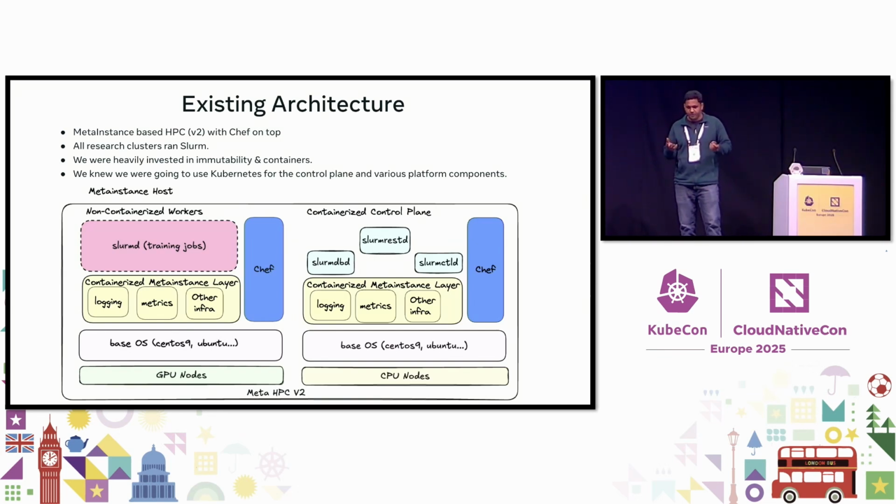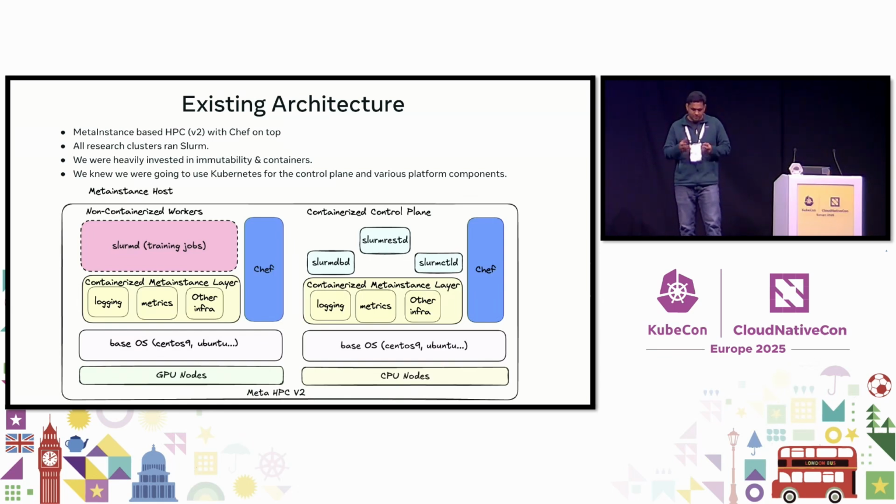We take the cloud provider host images and then put our own layer on top of it. Here in the yellow, you can see the containerized meta instance layer. Pretty much everything that we manage runs as a container, but on top of that, the different teams at Meta can put their own applications and run them on the public cloud.